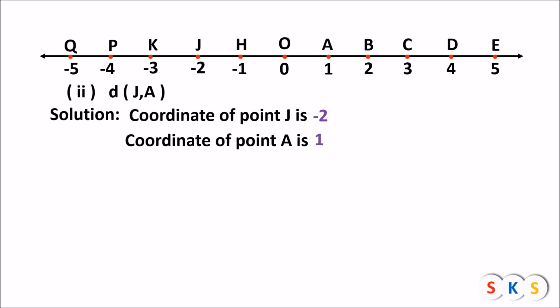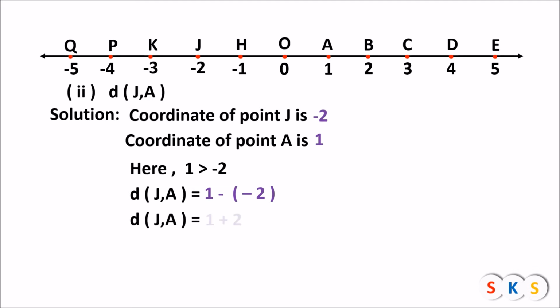So here the greater coordinate is 1 and the smaller coordinate is -2. Therefore distance JA equals greater coordinate minus smaller coordinate, that is 1 minus (-2). Now we will solve this bracket. Minus into minus will become plus. Therefore distance JA equals 1 plus 2. Distance JA equals 3.